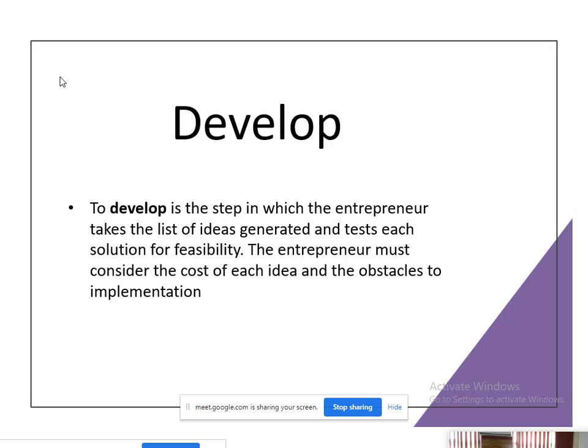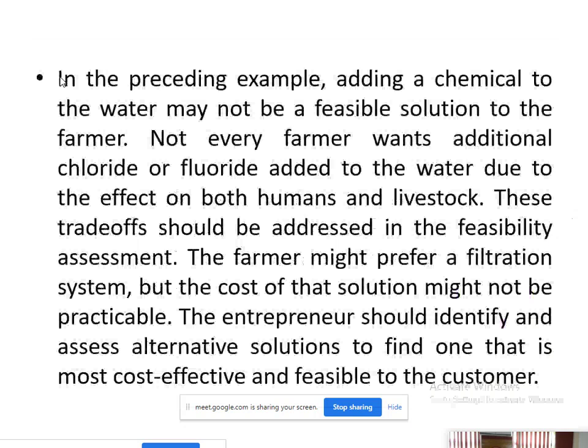And the entrepreneur must consider the cost of each idea and the obstacles to implementation. Obstacles means the problems. What are the problems you are facing in implementing your ideas? So in the preceding example, adding a chemical to the water may not be a feasible solution for the farmer.